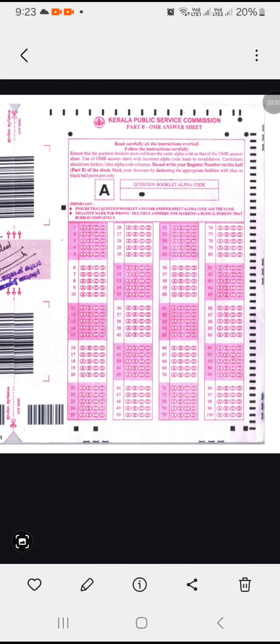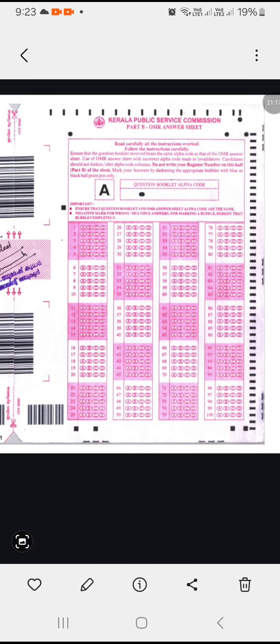And if you can rule out option A or option D, make sure you mark maximum doubt questions, at least 10 questions maximum, 10 to 15 questions like that. If you are not able to make out, please don't mark the answer.